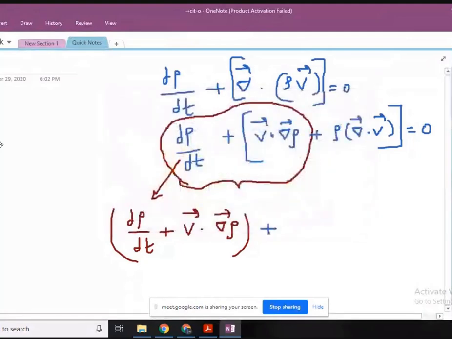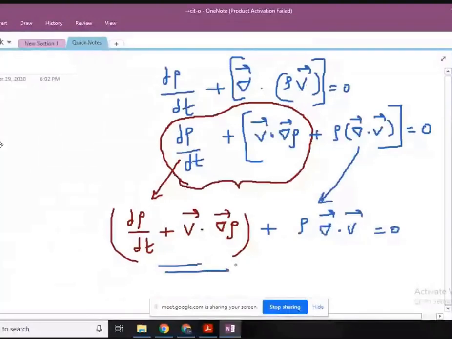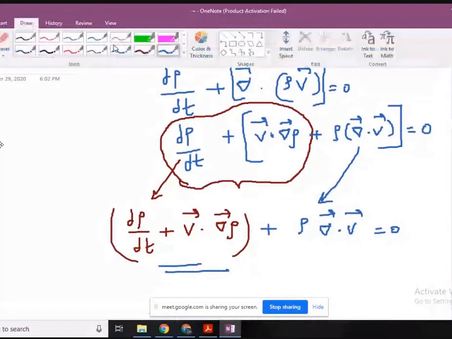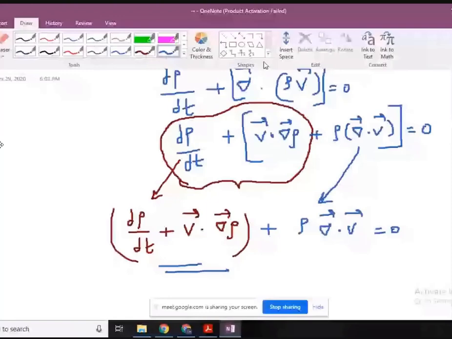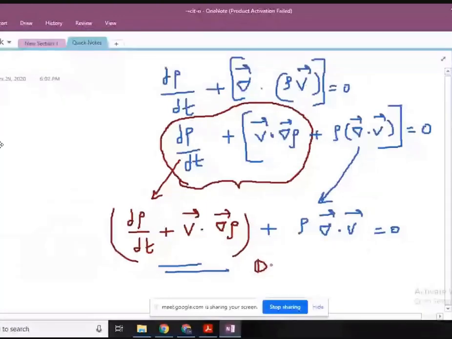this part, which comes from expansion. Collectively you can write this as d rho by dt, the total change of density, plus this part.